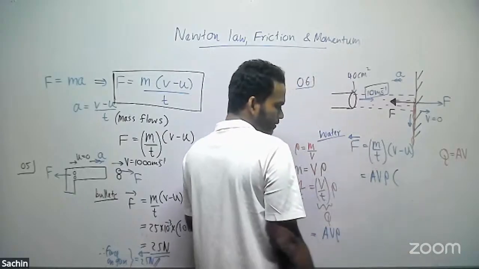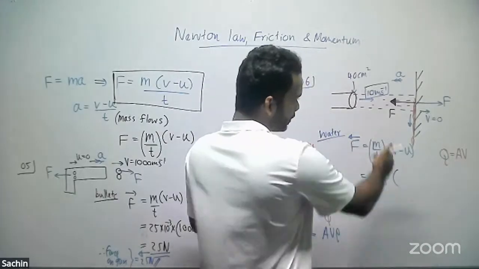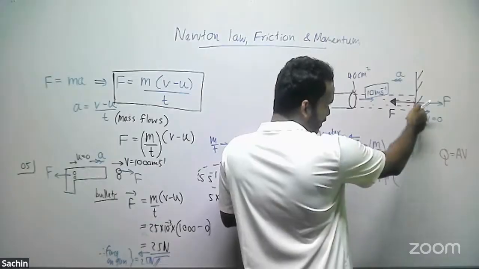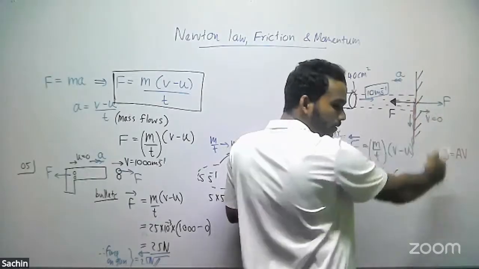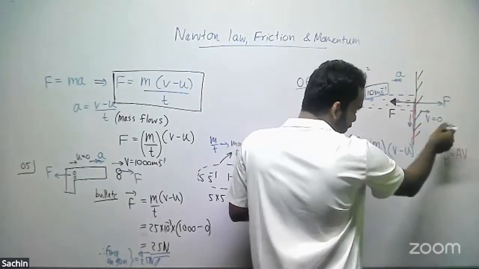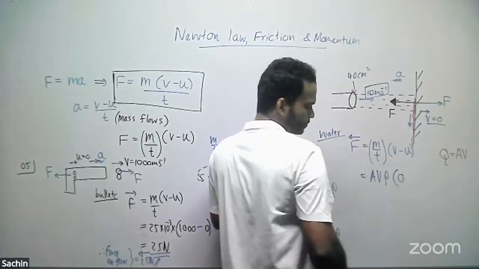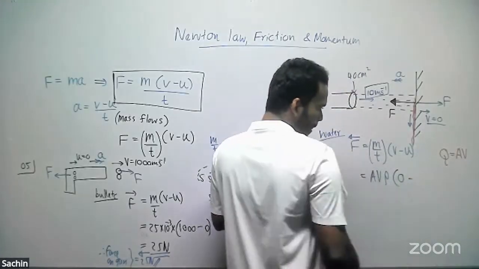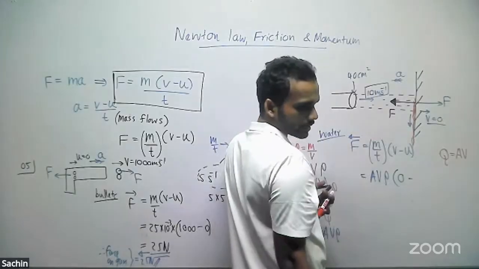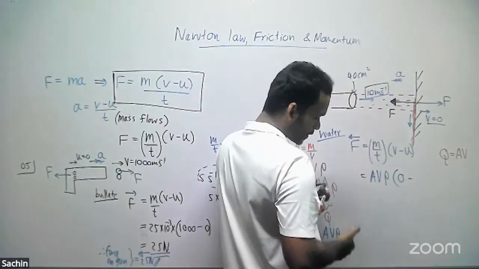And the final velocity. See, once the water makes contact with this wall, the final velocity will be 0. So it is minus u, where u is the initial velocity. This is a special point.